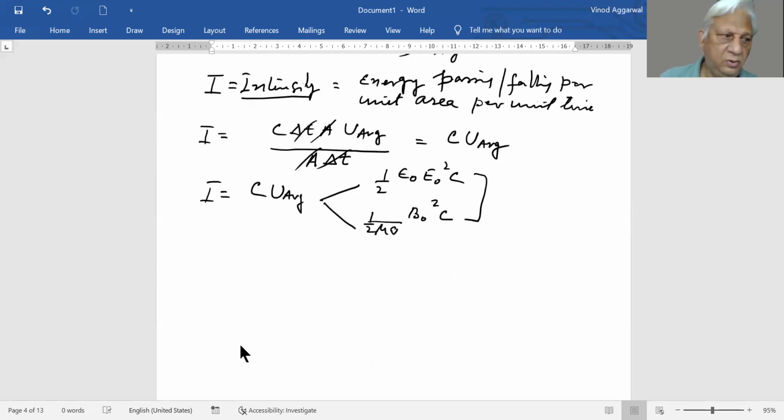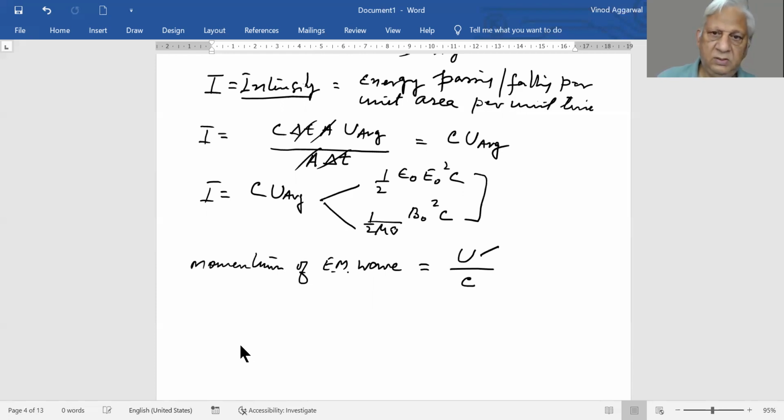Then we define another term called momentum of electromagnetic wave, which is defined as total energy divided by c. This is total energy, and c is the velocity of light.